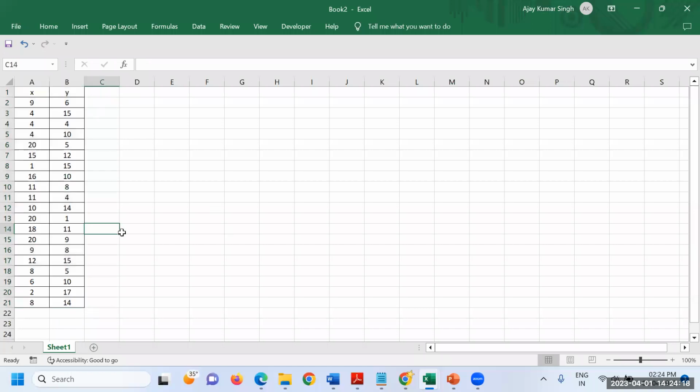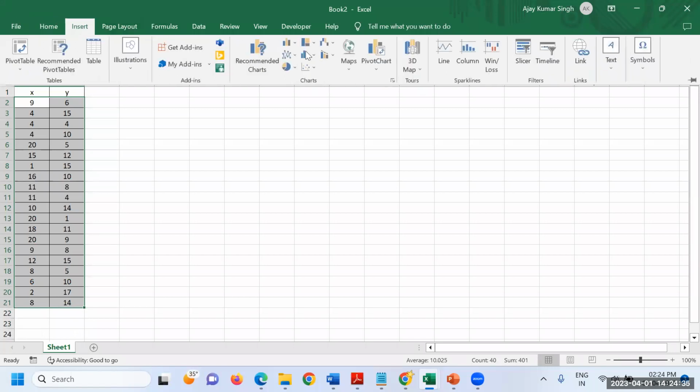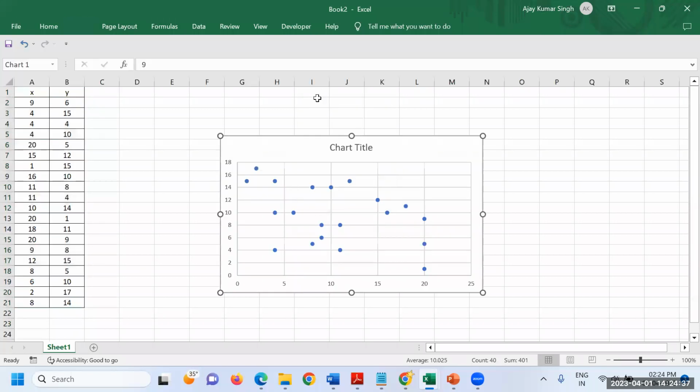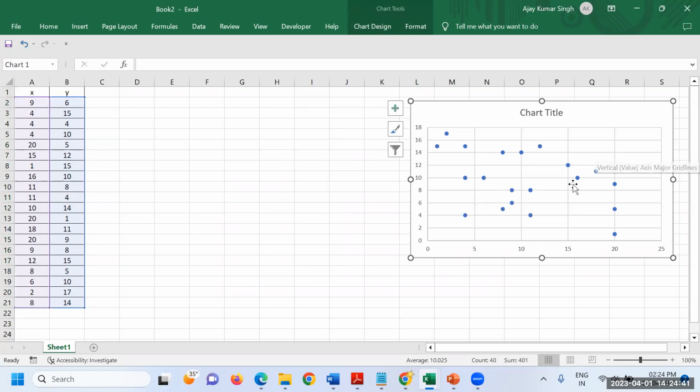And now I want to find some point. Let's have some graph of this particular data. Let's say scatter graph is there so that we can identify what are the different points. So suppose these are the points, isn't it?